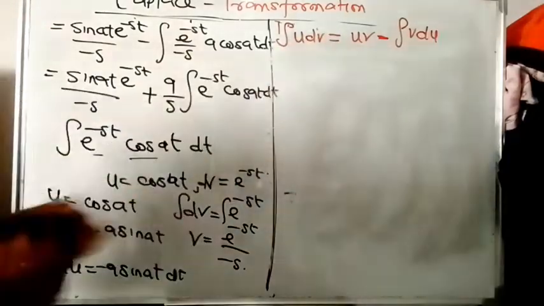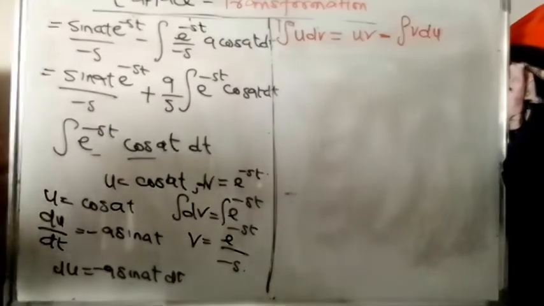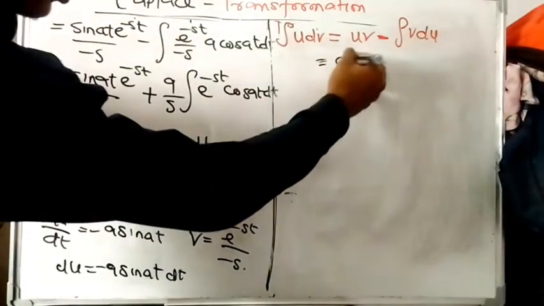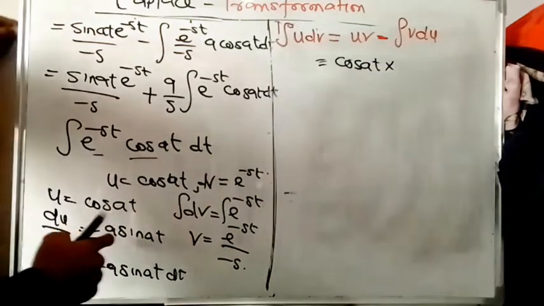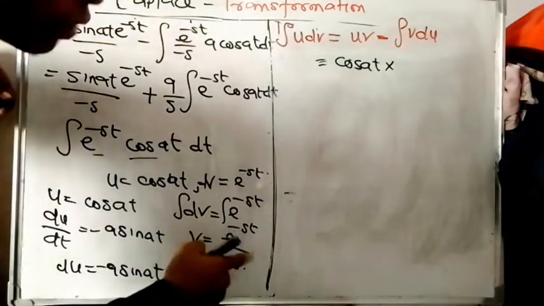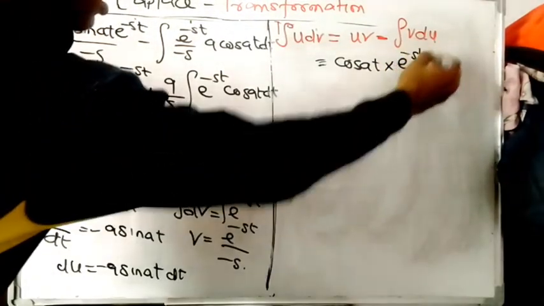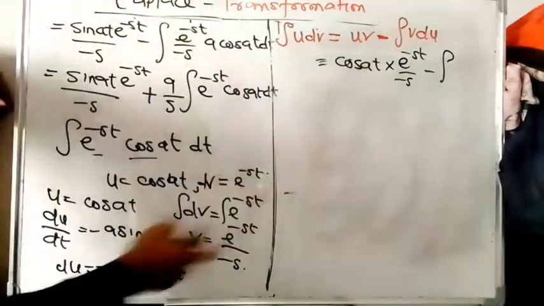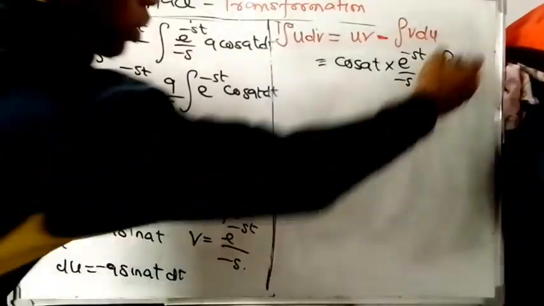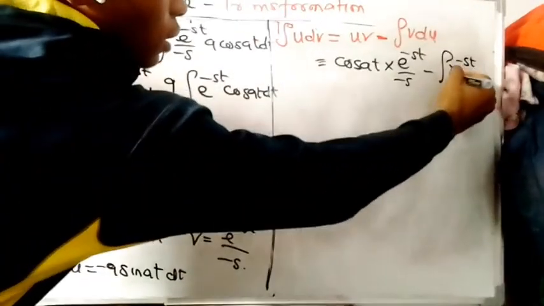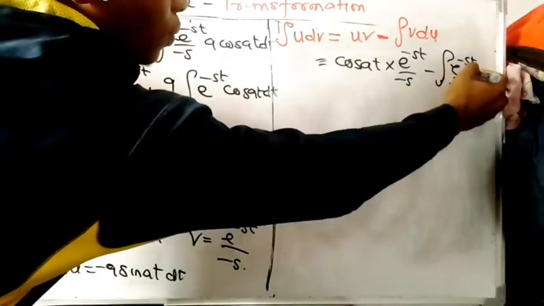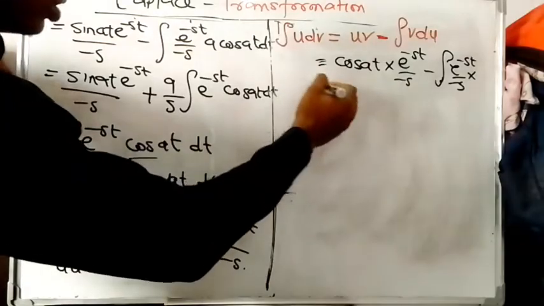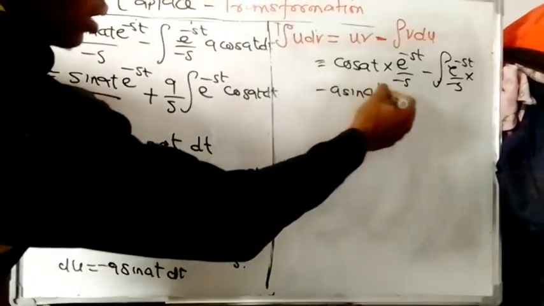I just substitute: u, which is cos at, times v, which is the exponential of minus st divided by minus s, minus the integral of v, the exponential of minus st divided by minus s, times my du, which is minus a sine at dt.